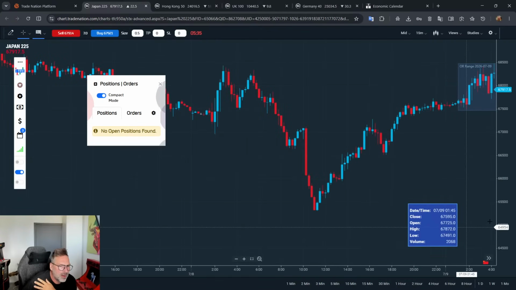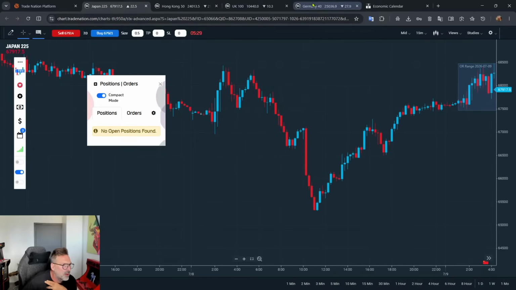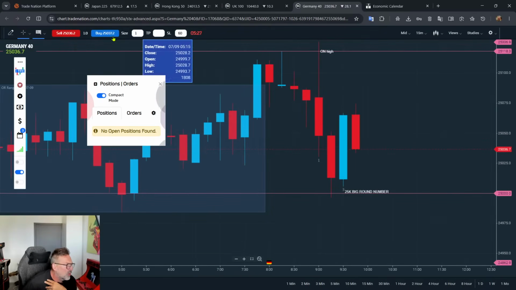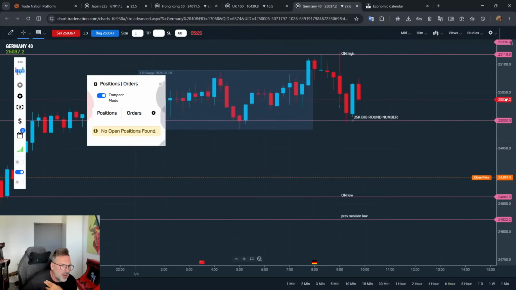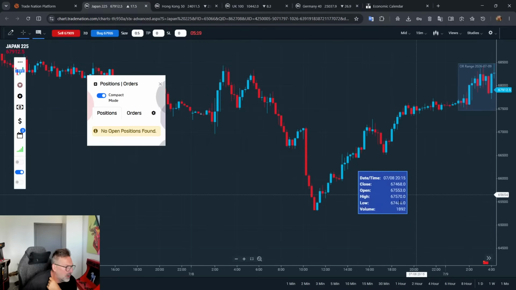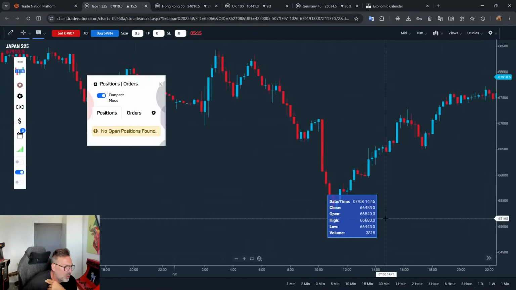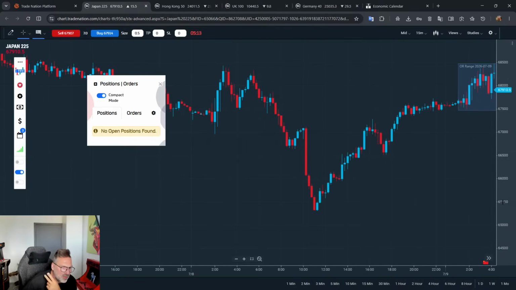Now the Nikkei trades at 66,000, whereas the DAX trades at 25,000. So the same 15-minute bar in the DAX and in the Nikkei would have a dramatic difference in points. Same with the Dow Jones, which is trading in the 50,000s, and Nikkei is trading in the high 60s.